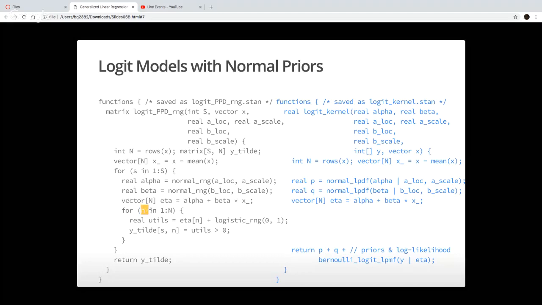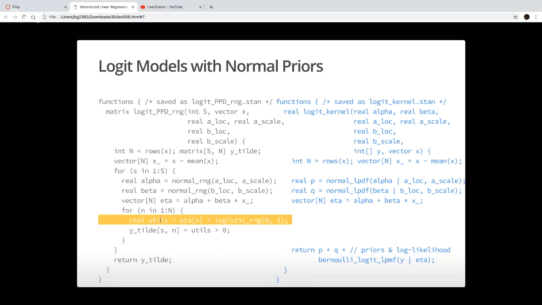So we loop from the first observation to the Nth observation, each time constructing a utility, which is equal to the nth value of eta, so the value of eta for the nth person, plus a random draw of an error from a logistic distribution, particularly a standard logistic distribution, one that has a mean of 0 and a scale of 1.